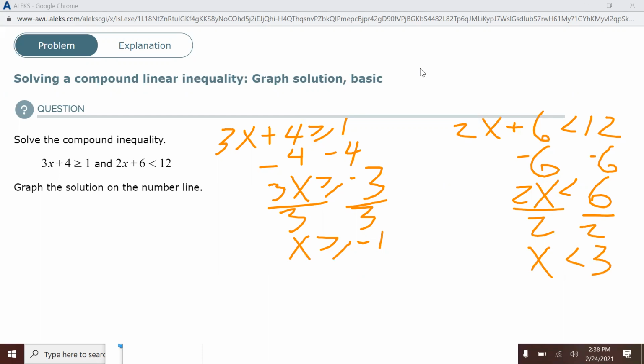But this time they are connected with an and. So as I graph the two solution sets, I get this.